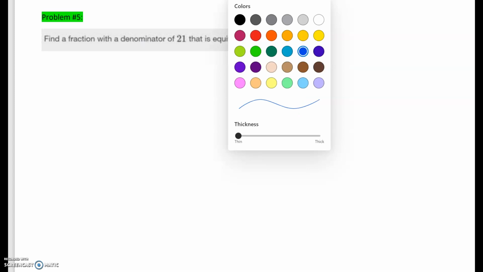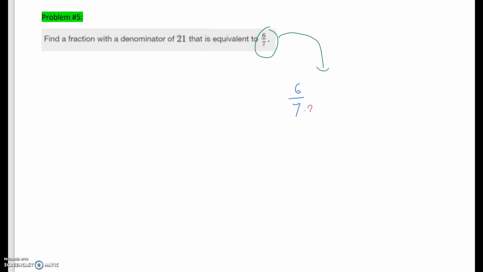What they want on this one is, you're given a fraction, in this case 6/7, and they want us to find an equivalent fraction that has a 21 in the denominator. So we're just going to have to multiply times 3 and times 3.